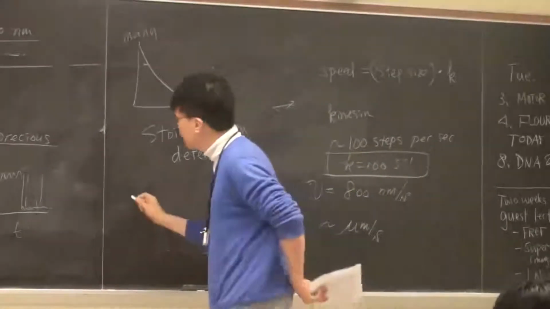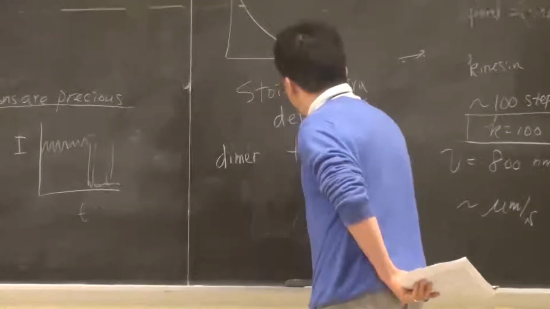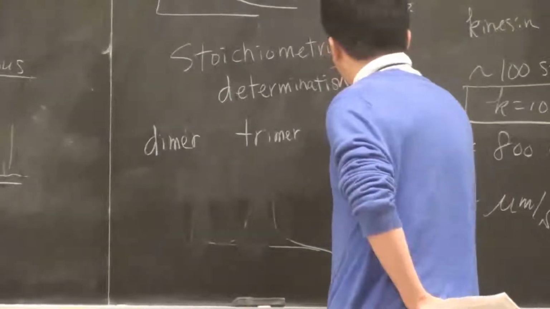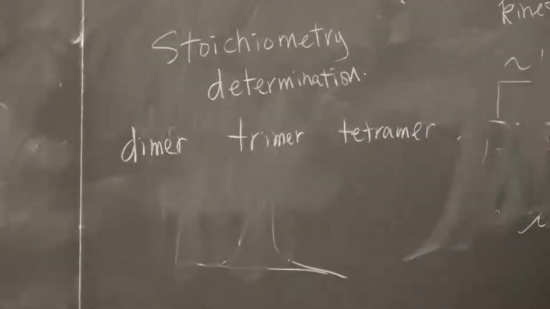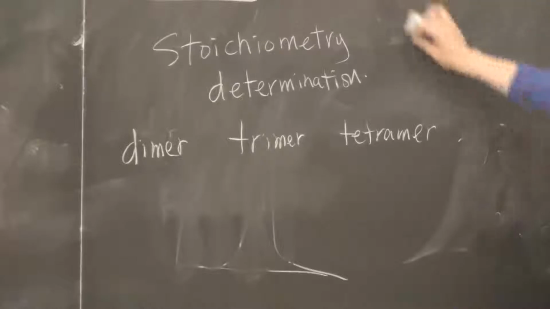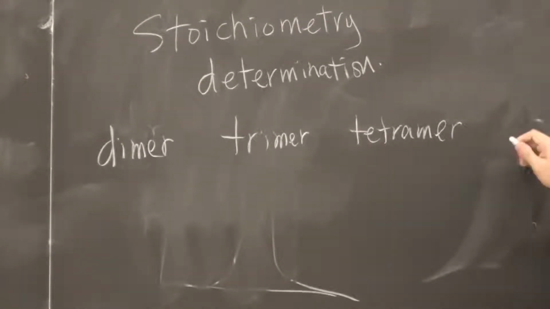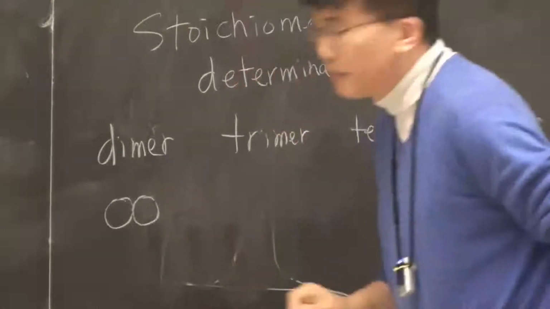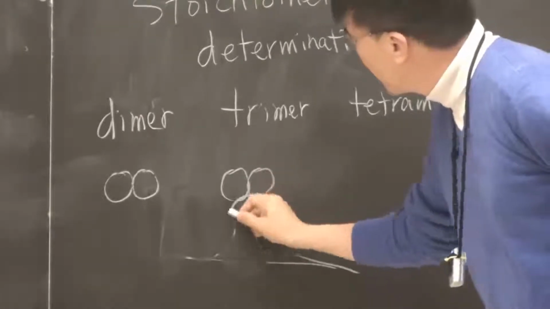So two proteins can form a complex, a dimer, and they can form a trimer.